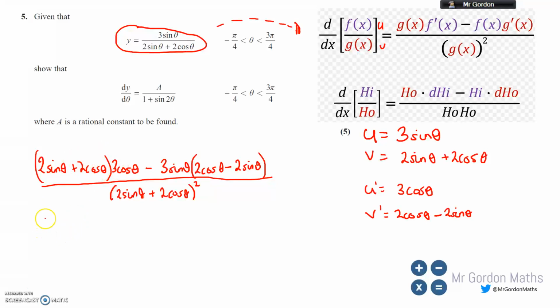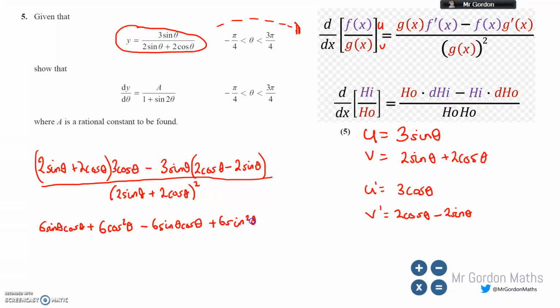So I've got 2 times 3, which is 6. And then I've got sine theta times cos theta plus 6, oh that's nice, cos squared theta, that's a nicer term, minus 6 sine theta cos theta, just take it one term at a time, minus 3 sine times minus 2 sine theta is going to be plus 6 sine squared theta.